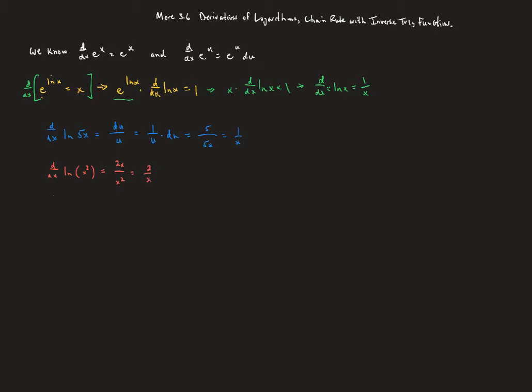What I'm going to encourage you to do, especially when these get really complicated, is use our properties of logarithms first. Remember, the natural log of x squared is, you can bring that exponent out in front and call it 2 natural log x. And so the derivative of a constant times a function is the constant times the derivative of the function.